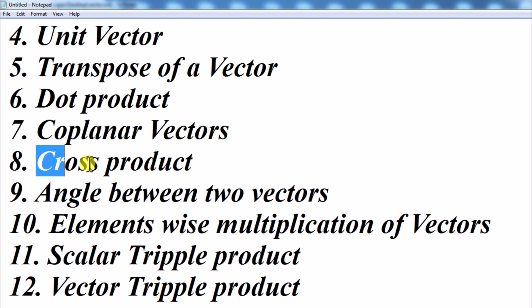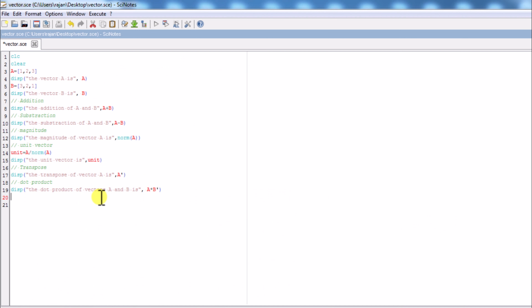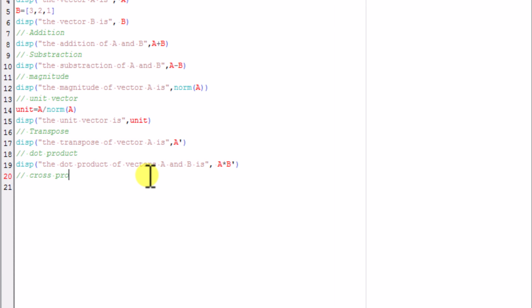Now the next one is cross product. So how can we calculate the cross product of two vectors? Okay, two vectors cross product.